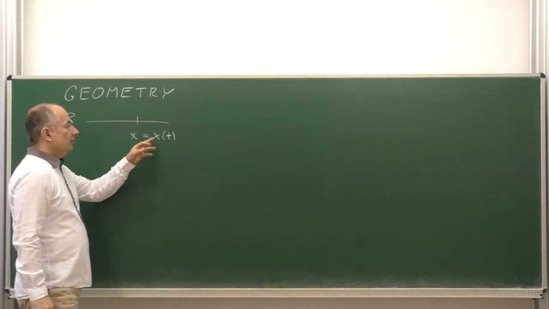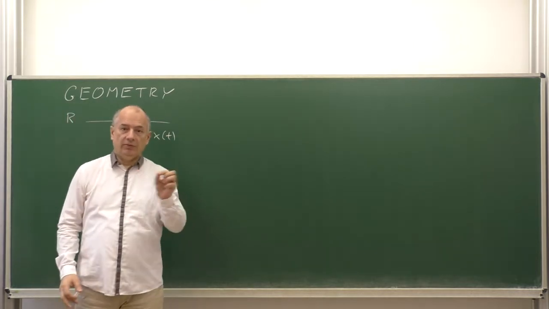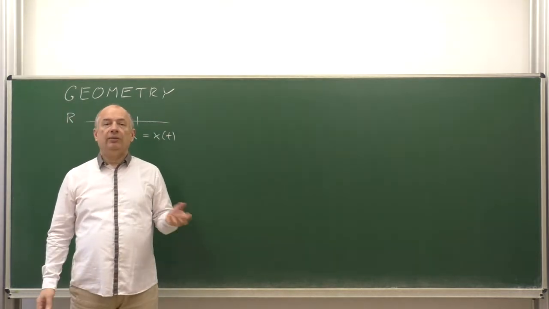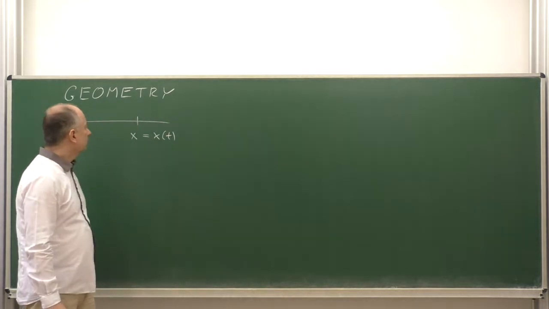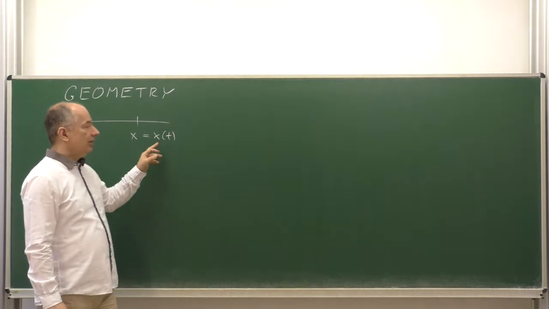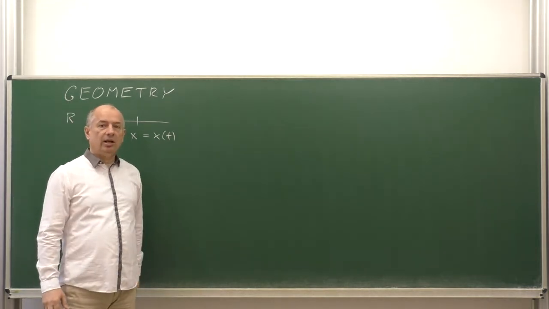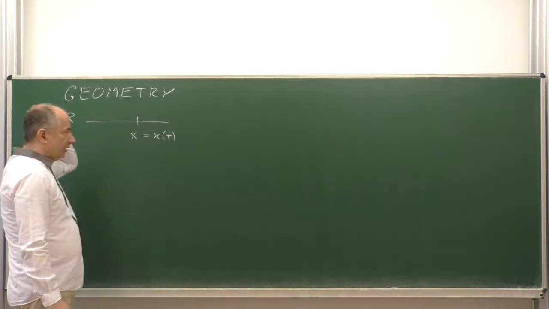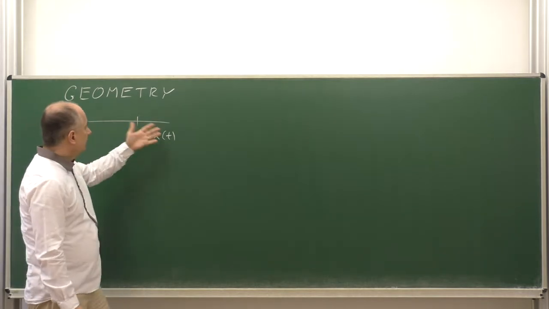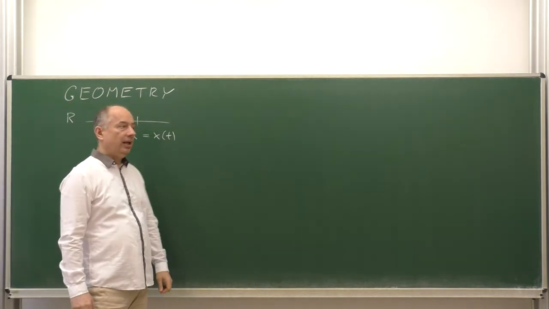And then we can consider the first derivative, this is the velocity, the second derivative, this is the acceleration, and some properties of the function, how x depends on time t, reflect some typical motions.